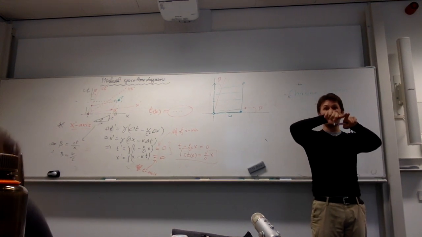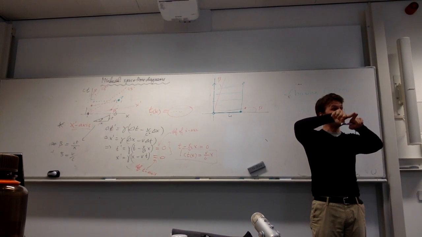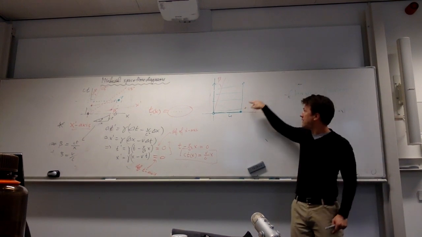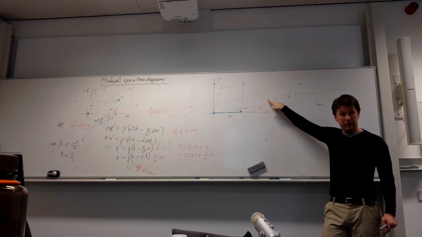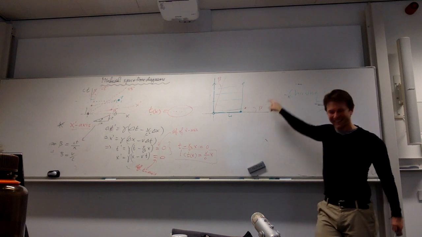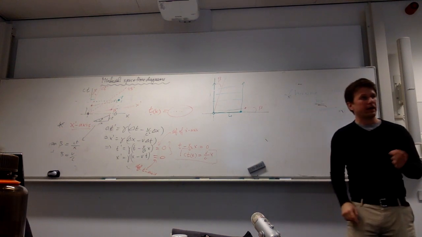It means when both front end and back end are at the red x prime axis. Only then is the red person, the farmer, doing a correct measurement.